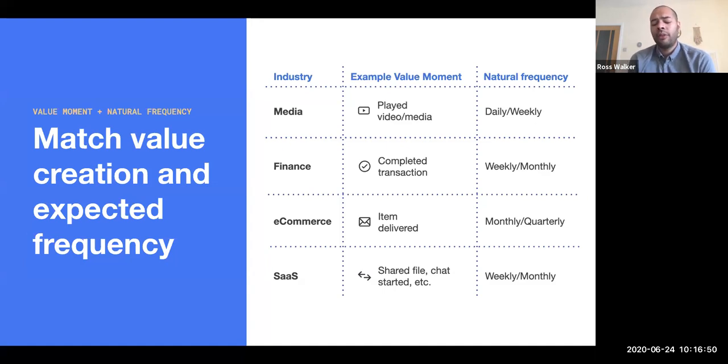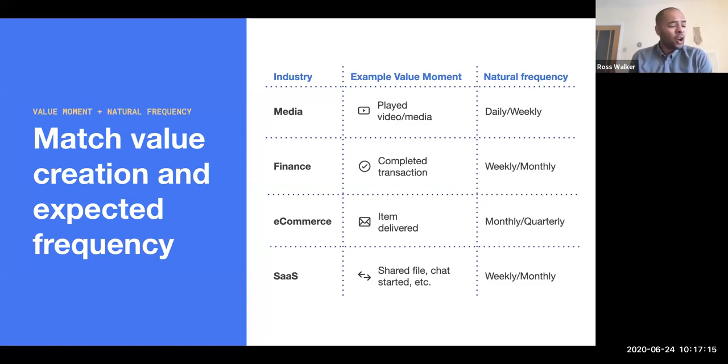And I think one of the first things to dive into is making sure that you can identify the value moment that your users are taking out. Again, this is something that is going to change across the different industries we look at. In media, it's going to be playing a piece of content; in finance, completing a transaction; or, for example, in software as a service, sharing a file or starting a chat with the agent.